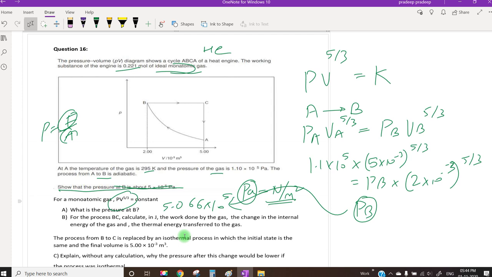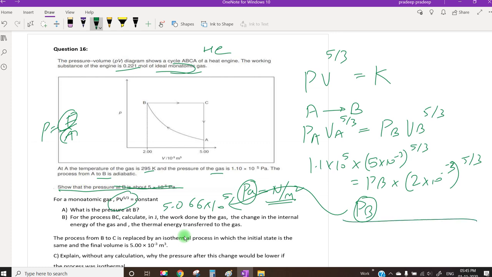The change in the entire internal energy would be 2.28 times 10 to the power minus 3. There is an issue here, but how did you check the change in the internal energy? What is the approach? The change in internal energy is just 3 by 2 into P into delta V, right?